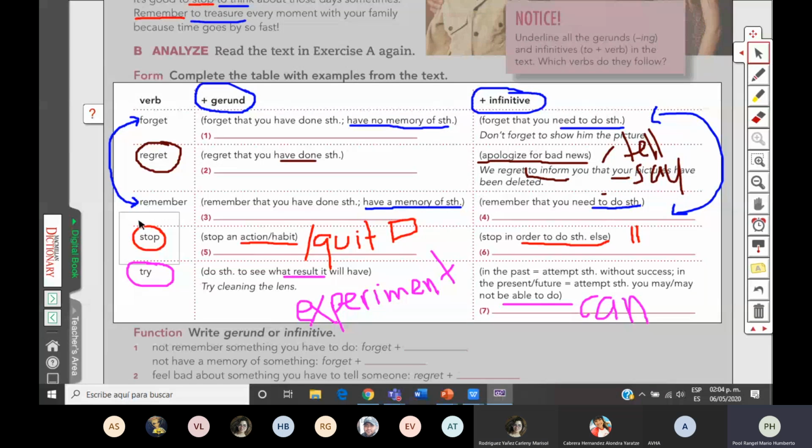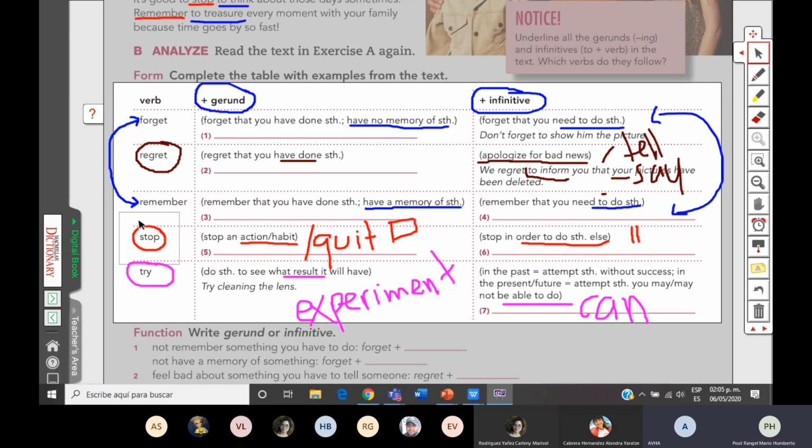Yo puedo decir en positivo, I remember going to the party. Pero en negativo, I don't remember going to the party. Eso de don't remember lo puedo sustituir con forget. I forget going to the party, porque no tengo memoria de eso, no me acuerdo.